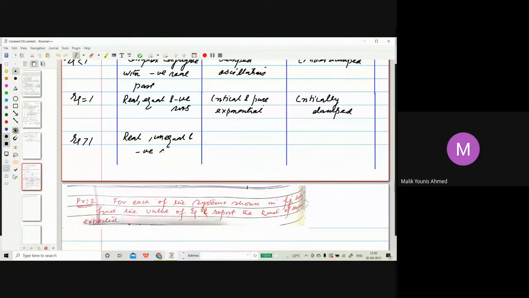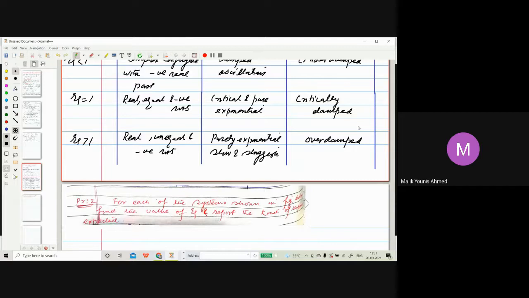That will be purely exponential again, because now we'll have unequal roots. Earlier it was equal. Exponential decay will be there, but that will also be slow. Response will be slow and sluggish. That is an overdamped system.